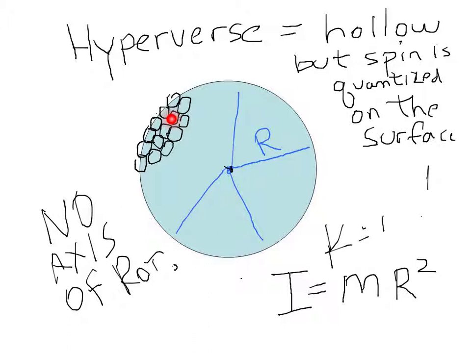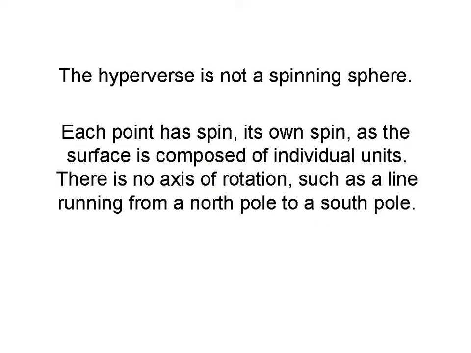So we're able to make the claim that the k value is 1, and even though it's a spinning hollow sphere, the moment of inertia is still mass times radius squared. The hyperverse is not a spinning sphere. Each point has spin, its own spin, as the surface is composed of individual units.